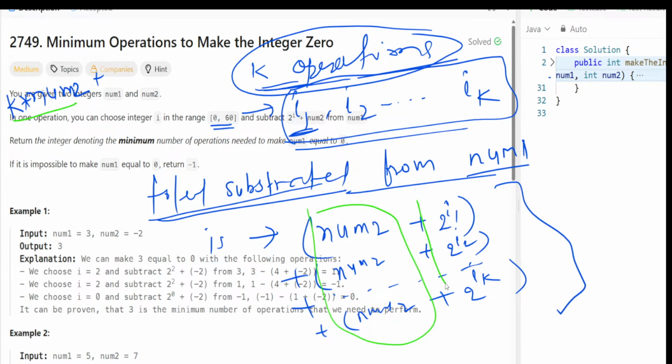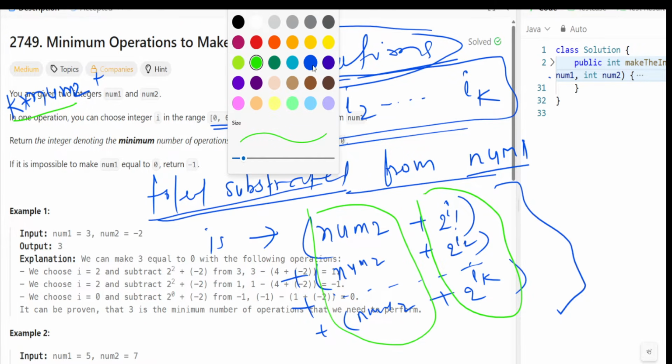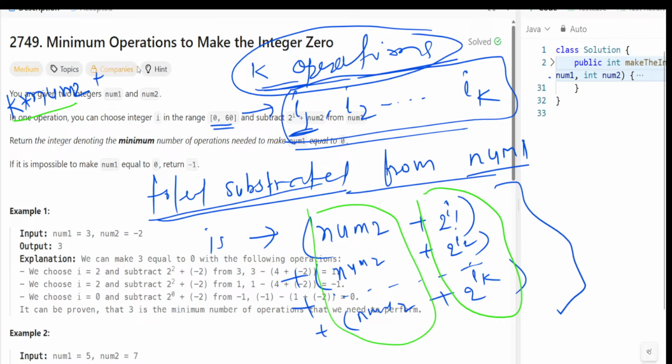Now let's talk about this part. We have to do the sum. So if we want to do the sum, can we say that plus you have to multiply, or you can take the sum. Let's take the sum. Yeah, it will be sum actually: 2 to power I1 plus 2 to power I2 and so on, till Ik.